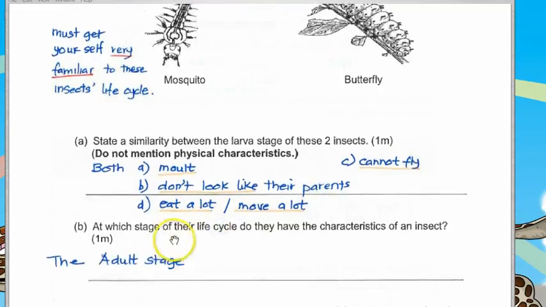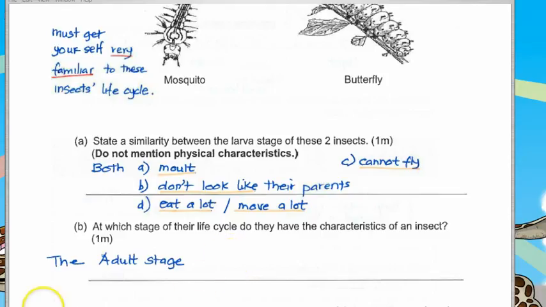At which stage of the life cycle do they have the characteristics of an insect? It means you must know what an insect is. To tell somebody that this animal is an insect, you must identify certain things.